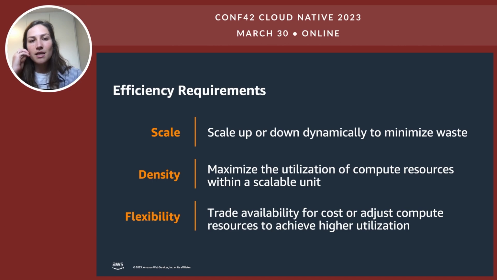The next part is flexibility. Flexibility is a requirement that is related to being able to take advantage of cost-effective compute options. You can find today different types of instances on AWS, and usually more than one instance type can power your application needs, and there might be more cost-effective solutions than others.